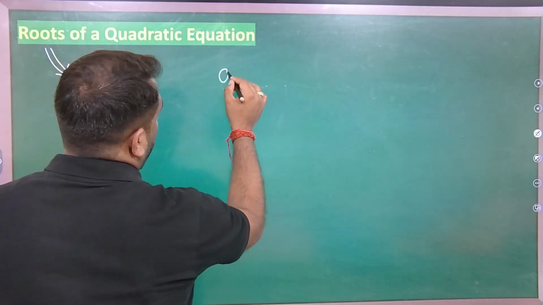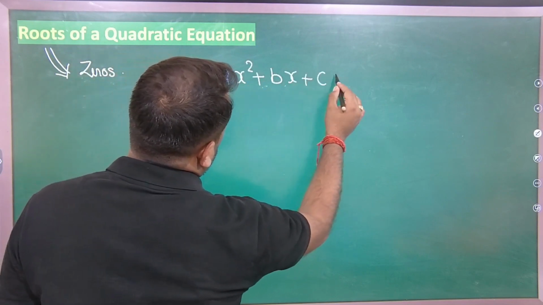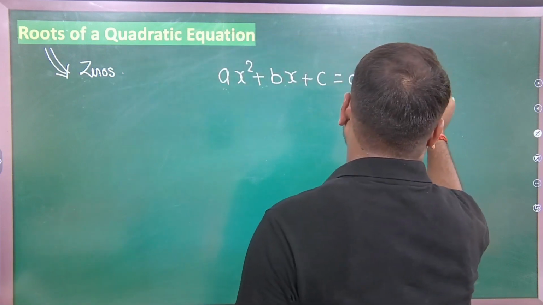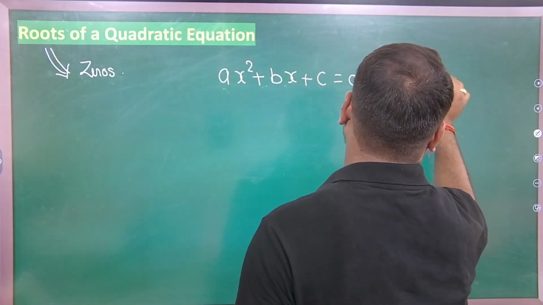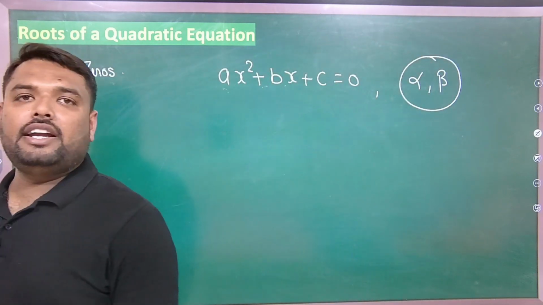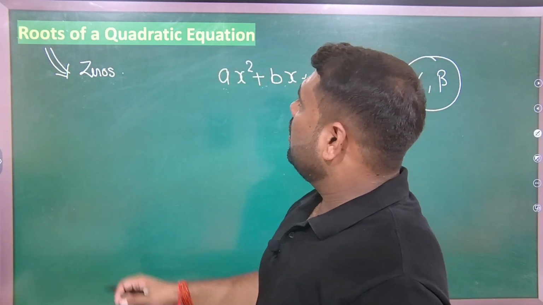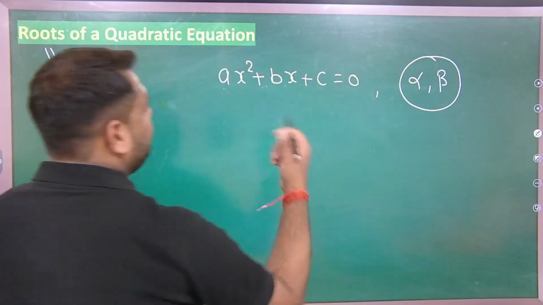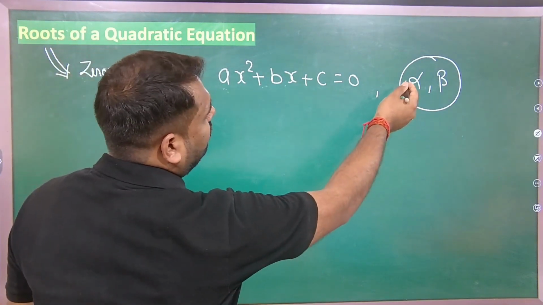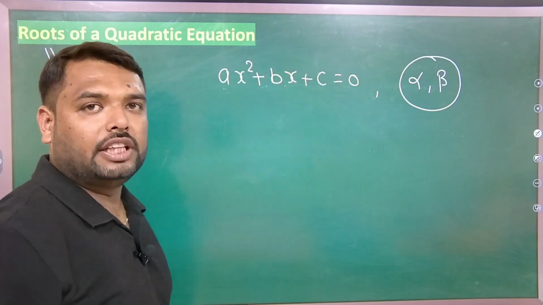Let me explain. If ax square plus bx plus c equals 0 has alpha and beta as its roots, then they will satisfy this equation. Putting the value of x as alpha, this equation will become 0.